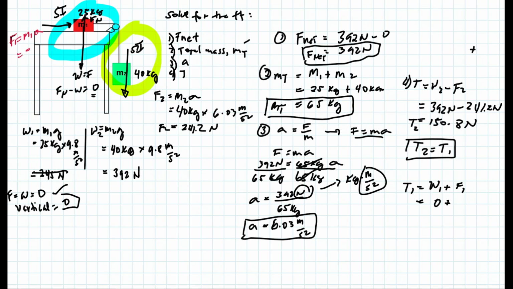So M1 is 25 times 6.03. Forgive my handwriting. It's very difficult to control.